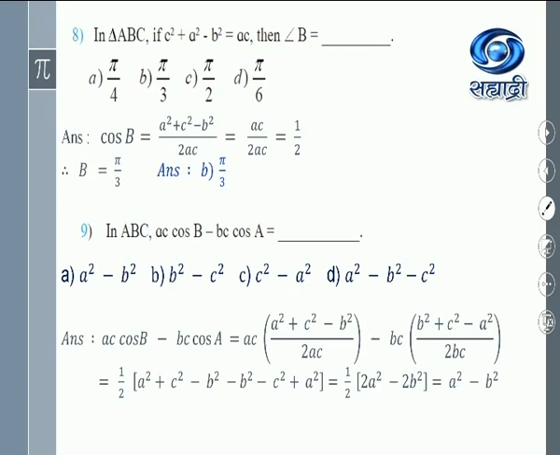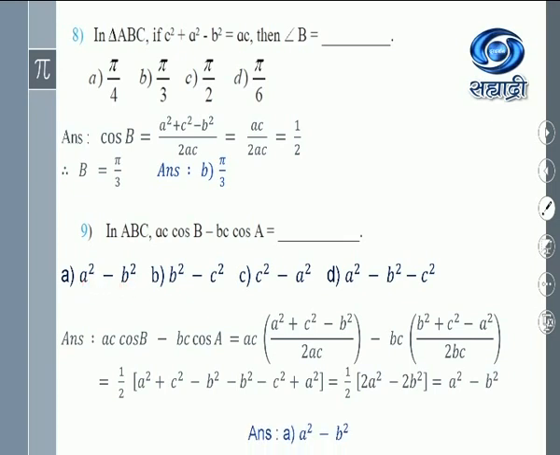The second bracket with negative sign we open, which is minus b² plus c² into minus is minus c², minus a², minus 1 is plus a². Now cancel the common terms. Here a² + a² is 2a², minus b² is minus 2b², whereas plus c² and minus c² gets cancelled. Okay, and here we take 2 common, that gets cancelled with the denominator, and we are left with a² − b², which is this option.